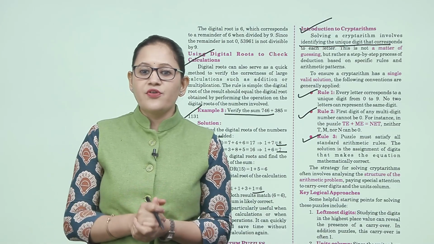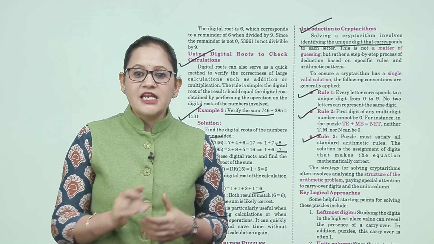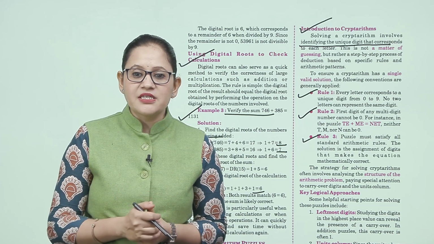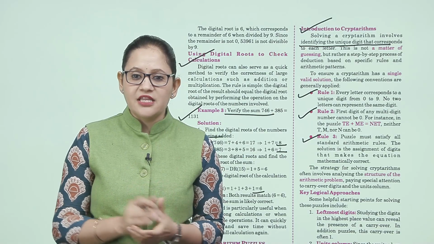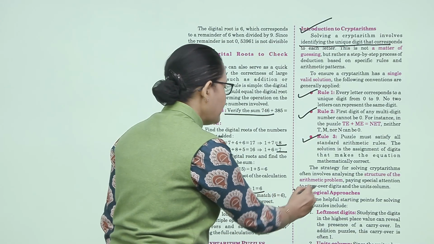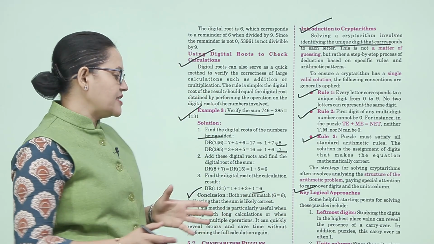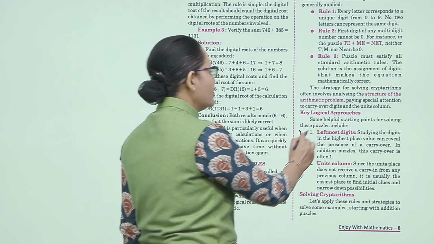The strategy for solving a cryptarithm often involves analyzing the structure of the arithmetic problem, paying special attention to carryover digits and the unit column. Key logical approach: some helpful strategies for solving these puzzles include the leftmost digit.